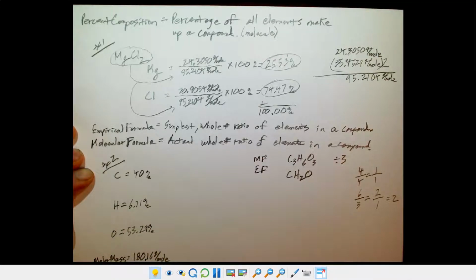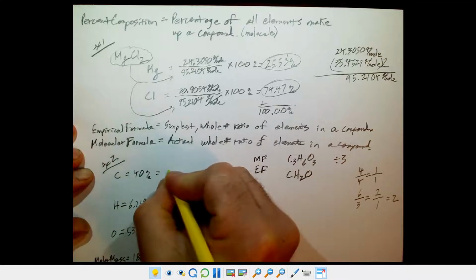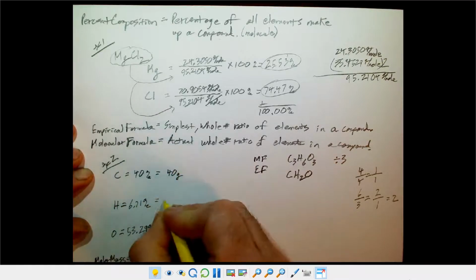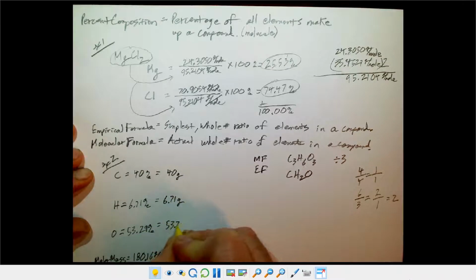All right. So let's pretend that each of these percentages are really a mass. So we'll express those as grams: 40 grams, 6.71 grams, and 53.29 grams.